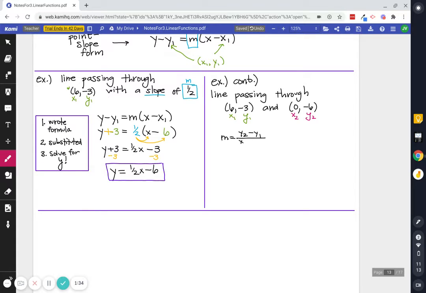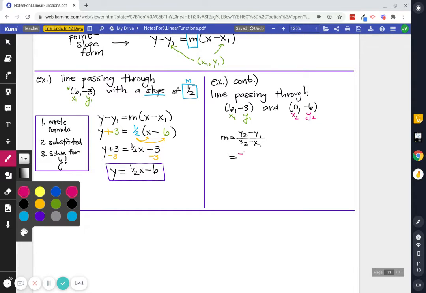So I'm going to follow the notes that we took on finding the slope, and I'm going to write down the formula. And then I am going to carefully substitute in my ordered pairs.